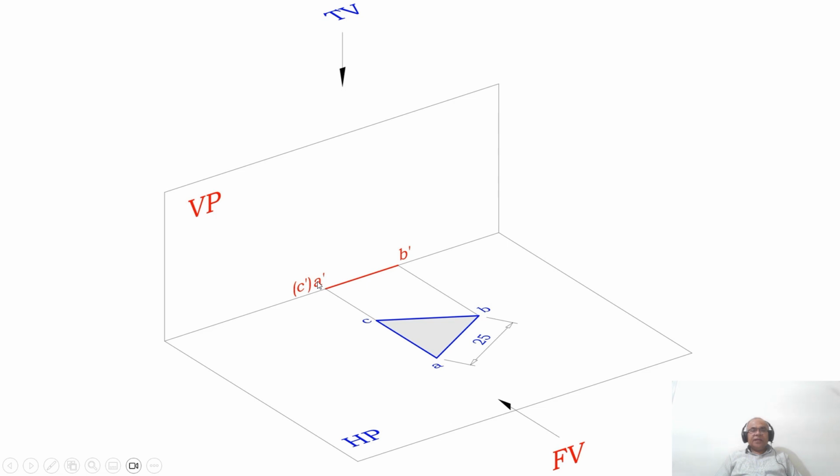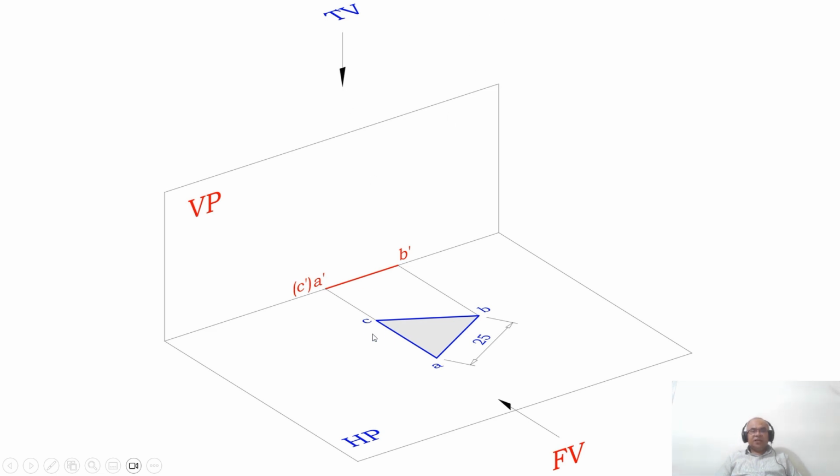You can see A dash B dash is on HP, B dash C dash is also on HP, and C dash A dash is also on HP. Since all the points are resting on HP, obviously that is parallel to HP.